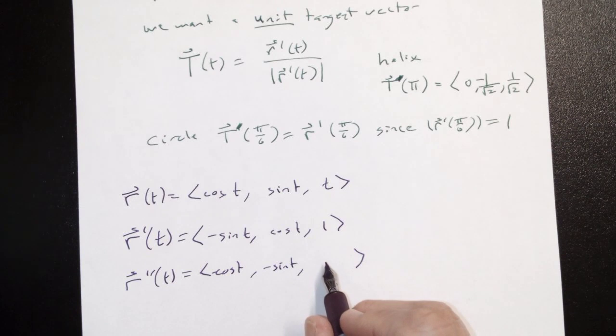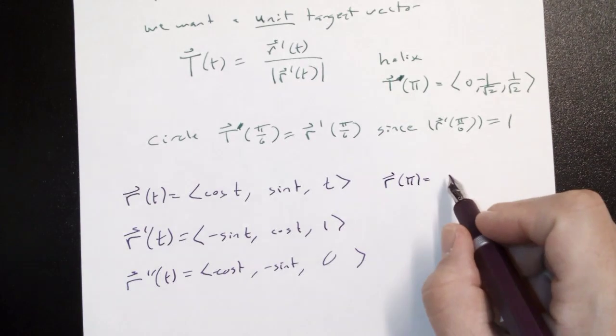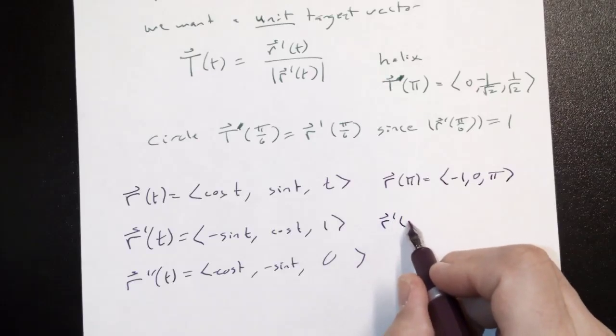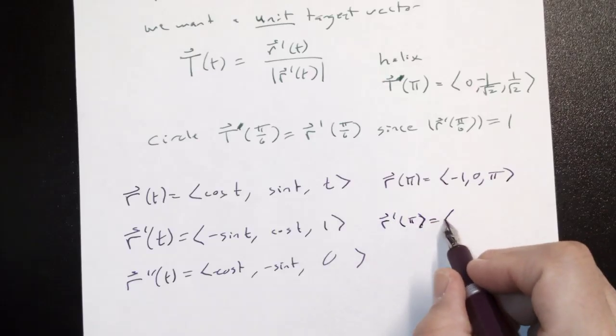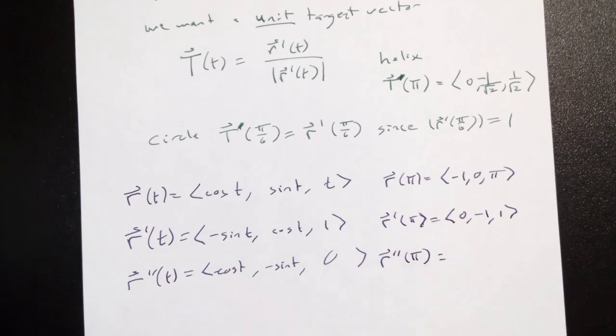The derivative of a constant is zero. What happens when I plug pi into that? One, zero, zero.